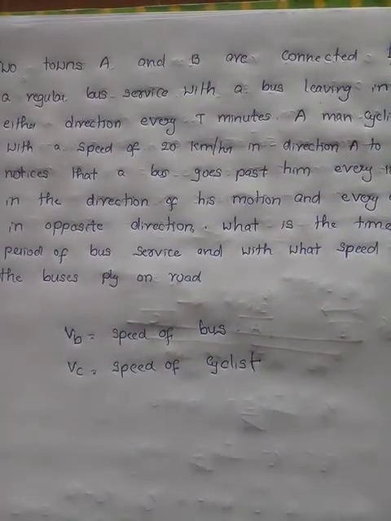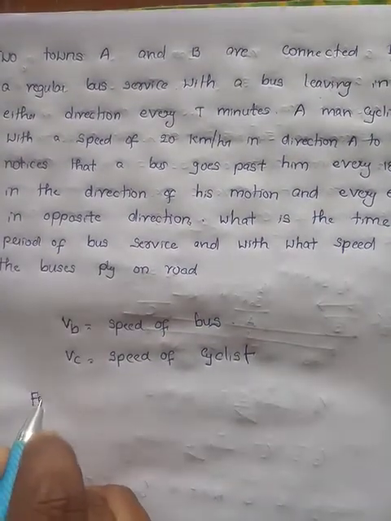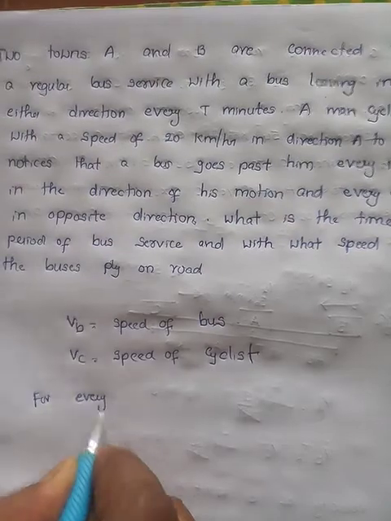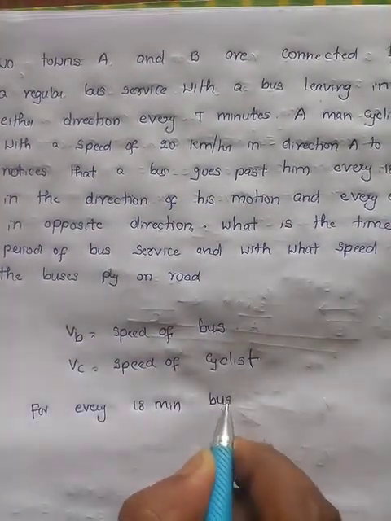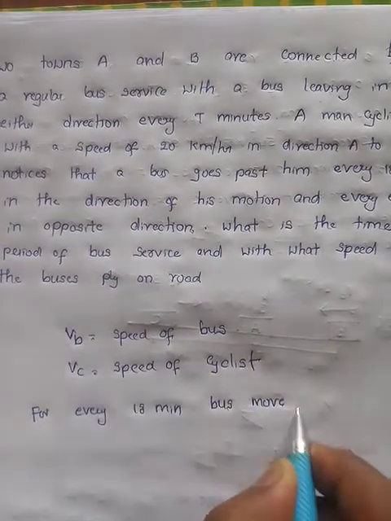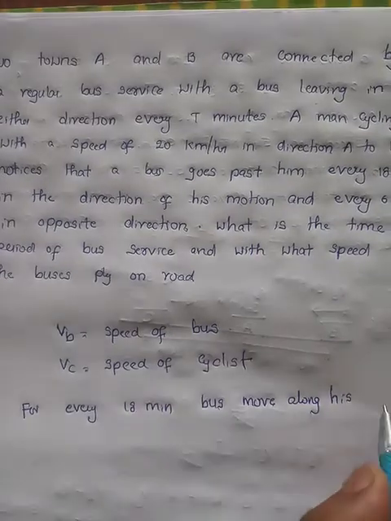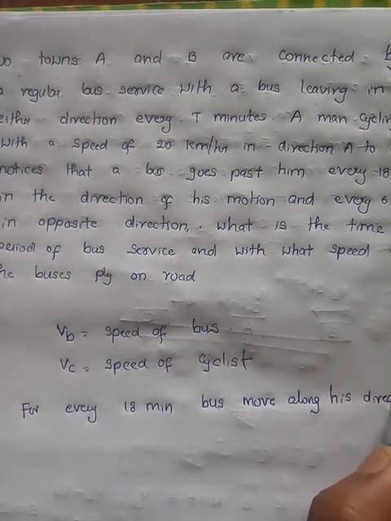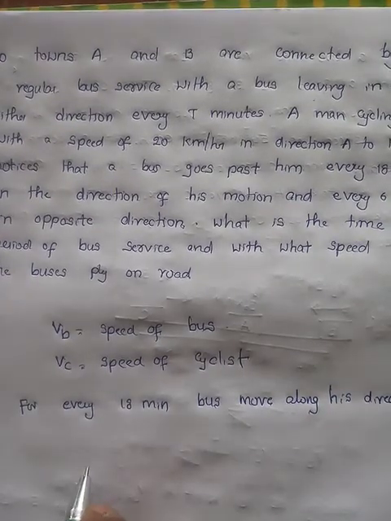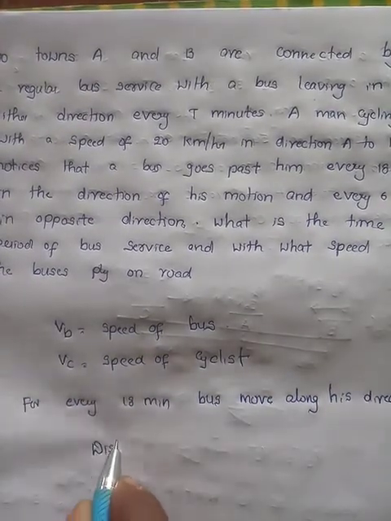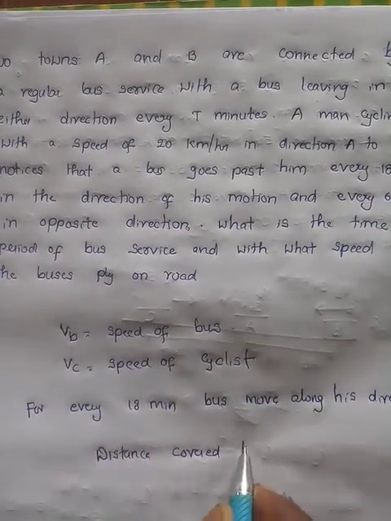Now, every 18 minutes a bus moves along his direction, right? Buses move along his direction. So, what can we write here? We can write the distance covered by each bus.